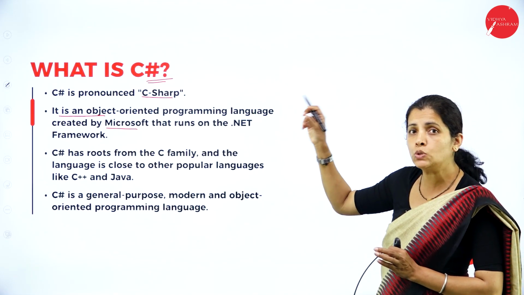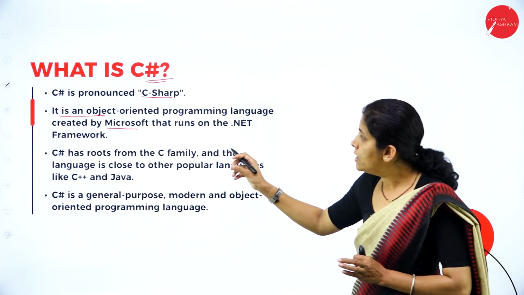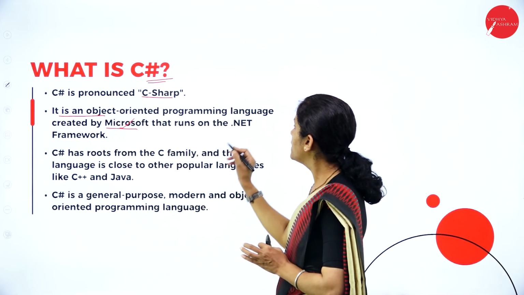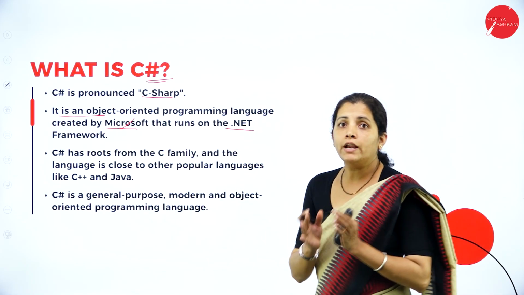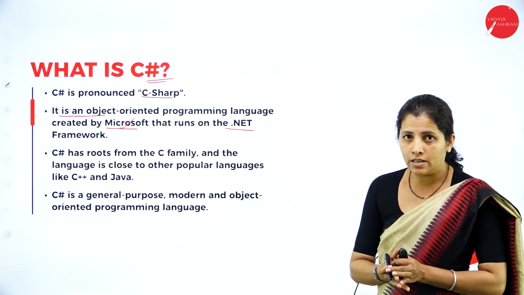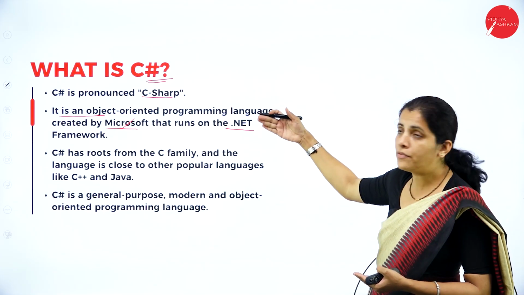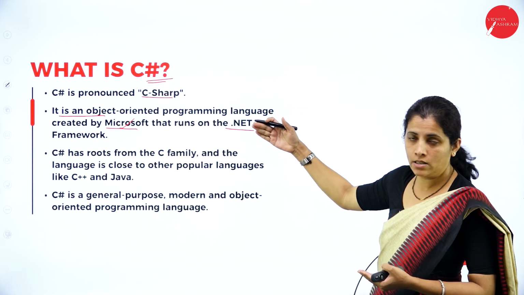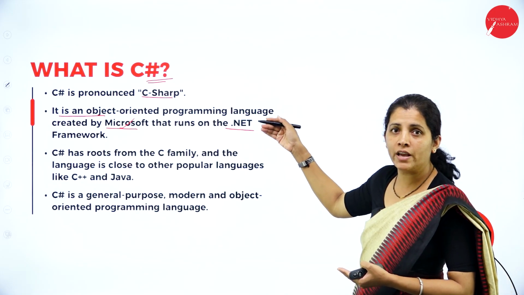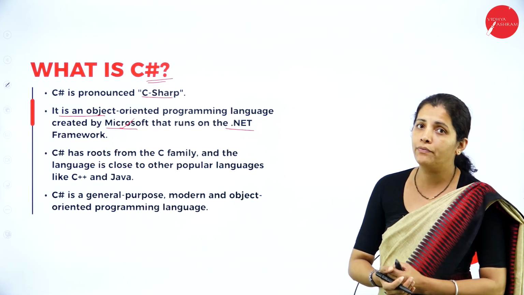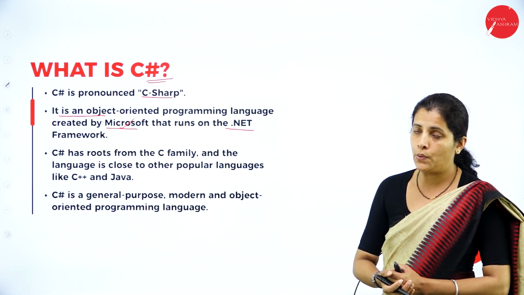Microsoft Visual Studio. It is created by Microsoft, and we are using the .NET framework. So I am using one single framework. What is the name of the framework? It is .NET. By using this single framework, I am able to write and run different kinds of programming language.